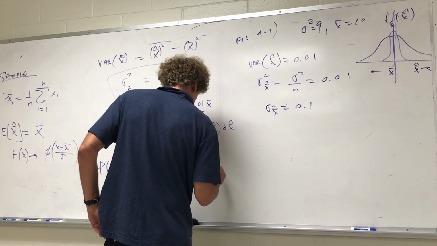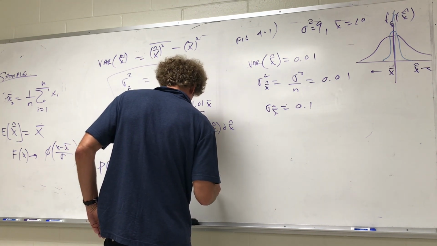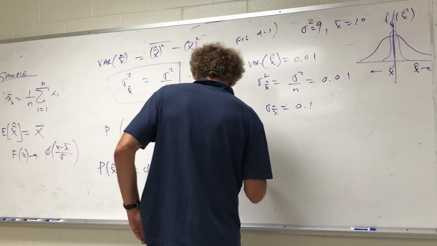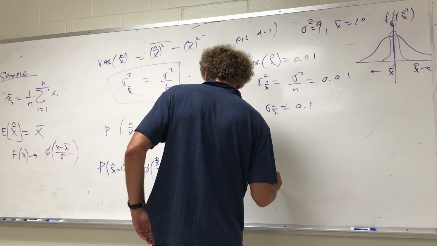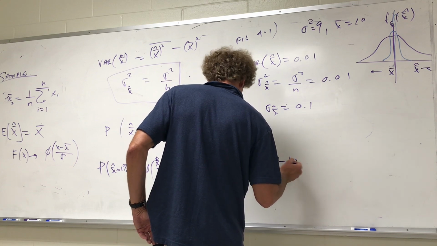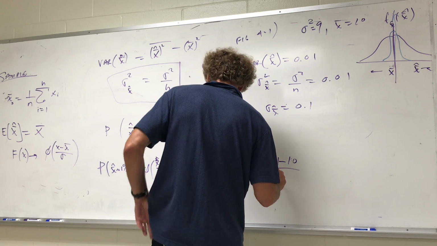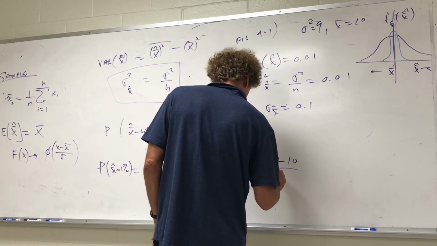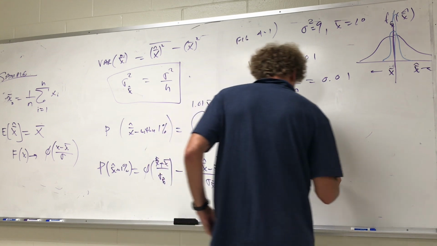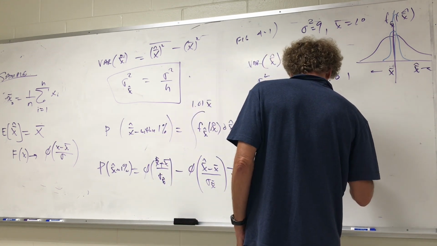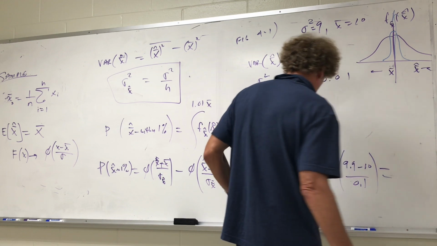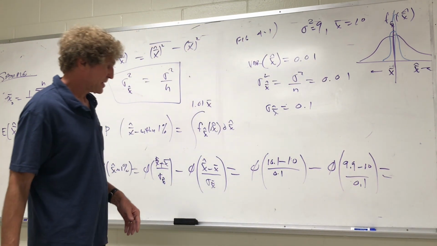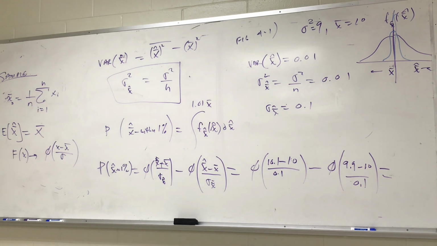And then it'd be x minus x bar over sigma. And that's going to be phi of, so if you're looking at 1% difference, he says the mean value is 10 in this one, and this value is given as 1%, minus phi of 9.9 minus 10 over 0.1. But your calculators should be able to, and that comes down to 0.6826 according to him.